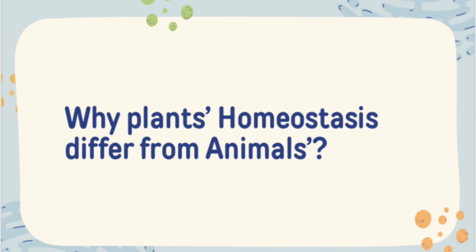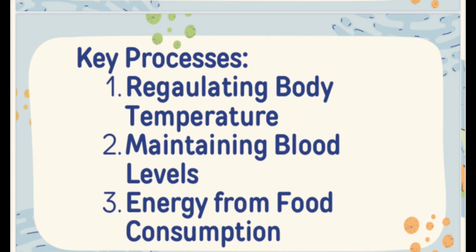These are the key processes. The first one is regulating body temperature. Animals maintain a relatively constant body temperature despite external changes. This ensures optimal cellular function, enzyme activity, and metabolic rate. Mechanisms include sweating, panting, shivering, and behavioral adaptations.